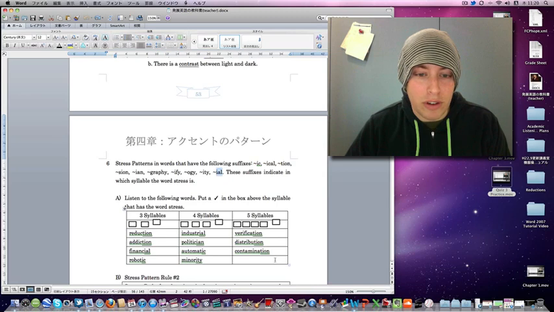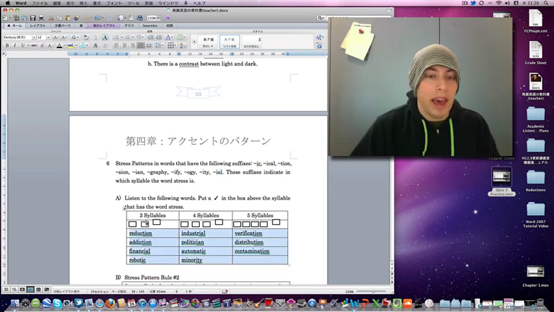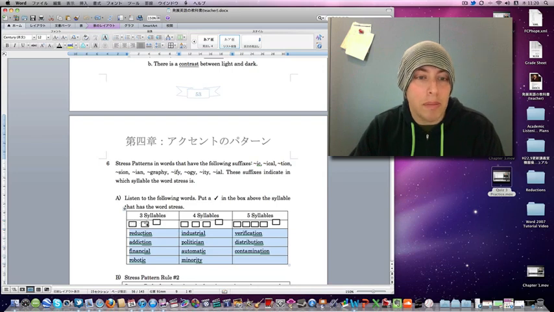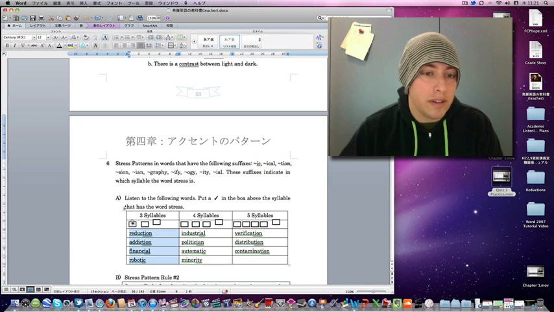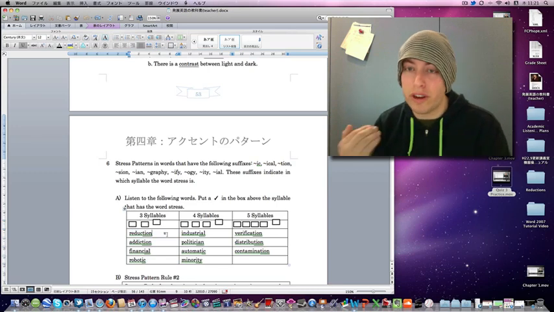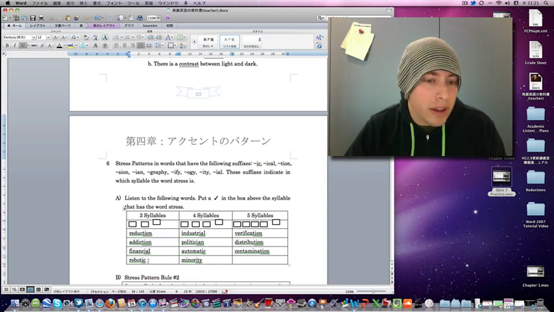Go ahead and go down to A, and I'm going to pronounce all of these words quickly. And I want you to put a check in the box of the syllable that has the word stress. So, for example, all of these words in this column have 3 syllables. So we have 3 boxes. Put a check in the box that has the word stress syllable. Ready? You're going to notice it's always in the same place.